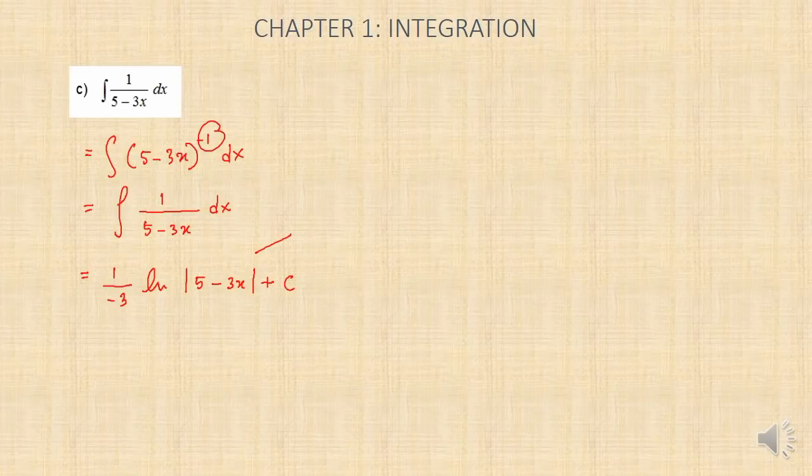We're following the rule of 1 over ax plus b: we have 1 over a ln ax plus b, plus c. Okay, this is the basic integration of 1 over ax plus b.